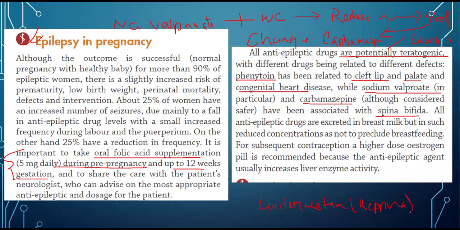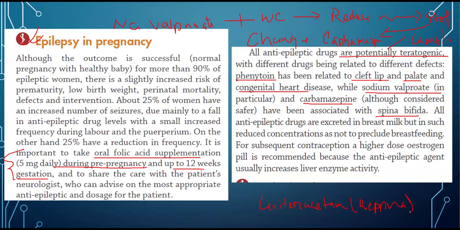These newer antiepileptics, lamotrigine and levetiracetam, are not as teratogenic as the initial ones. So you can either change them to carbamazepine or the newer antiepileptics, and the patient can continue it during the pregnancy.